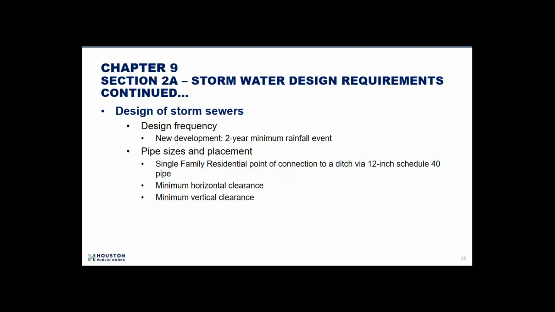In figuring out how big of an outfall you should put into a roadside ditch, Transportation Drainage Operations has requested a minimum 12-inch Schedule 40 pipe, so that when their mowers hit it, there'll still be a significant amount of area left for the water to drain out of.